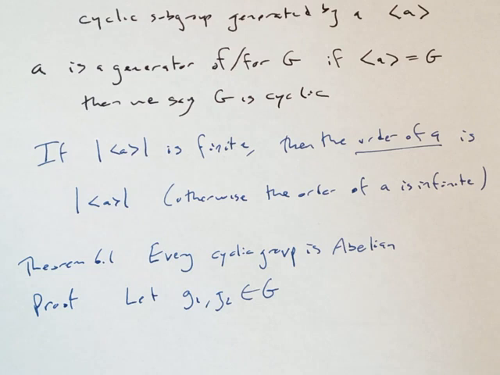Now, since my goal is to show that a cyclic group is abelian, I now need to look at what the cyclic means, further up the page. A group is cyclic, it has a generator. Let's call that generator A.